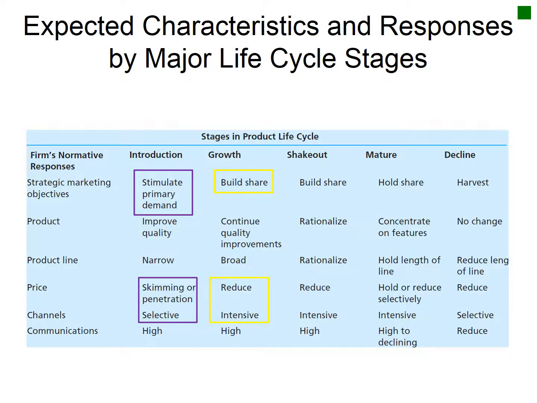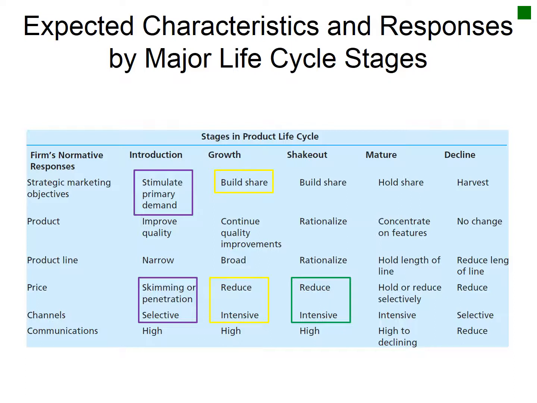Because of the competitiveness, we will have to begin to focus on selling by price, and we're going to have to get our product out to more people and get that availability percentage up. So the types of places we sell our product will increase. We'll get it into the hands of more people using an intensive distribution type of strategy.